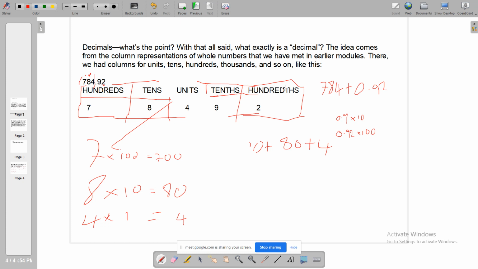As of now, when it's 9, it's not a unit yet, so you need 1 more to get 1 unit. This one is at the hundredth. Hundredth means that you need 100 of this to give you 1 unit. So when you multiply 0.92 by 100, it's not 92.